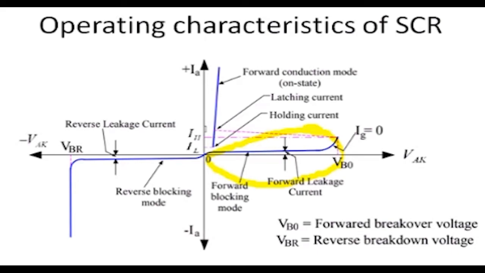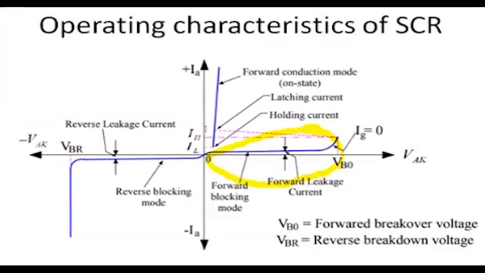This region, what I have highlighted, is called the forward blocking region or forward blocking mode. Why is it called forward blocking mode? It is because in this region, even though the SCR is forward biased, J2 is blocking the current, and some leakage current is passing, but still the SCR acts like an open switch.